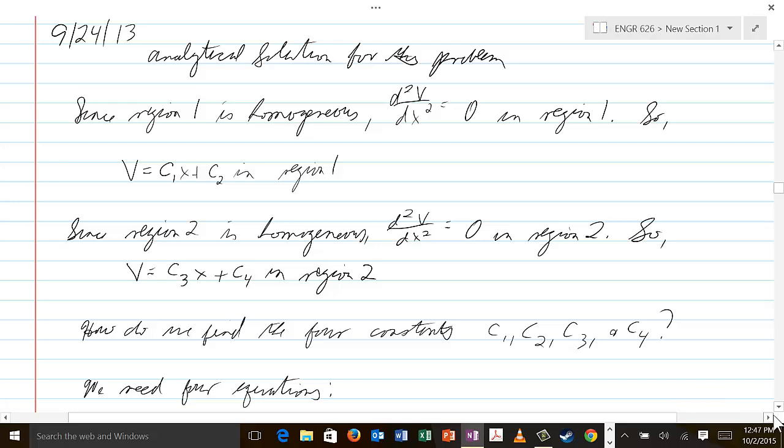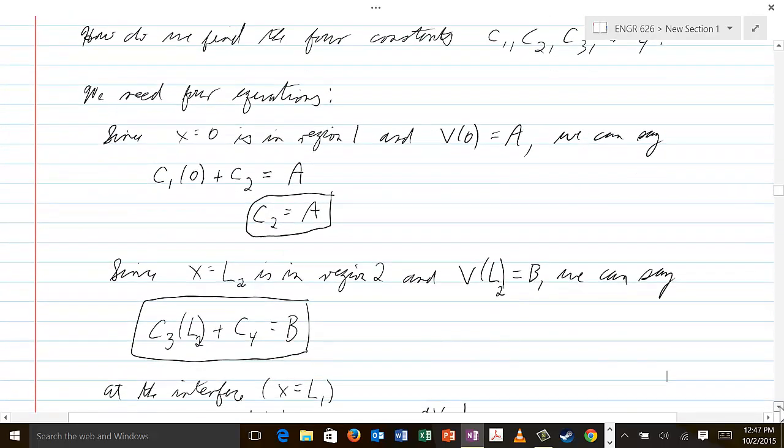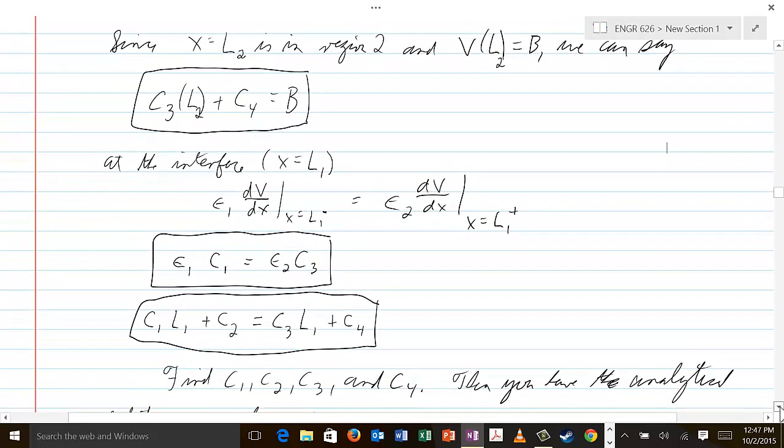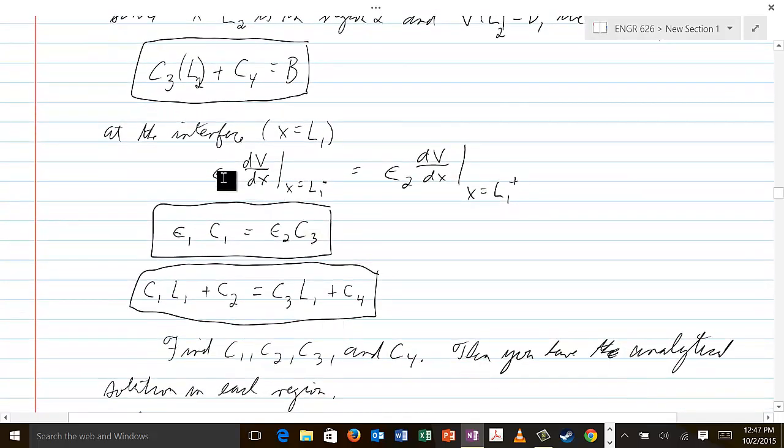So this is our condition at the interface: epsilon 1 times dV dx just to the left of L1 is equal to epsilon 2 times dV dx just to the right of L1. So that becomes epsilon 1 times c1 is equal to epsilon 2 times c3.